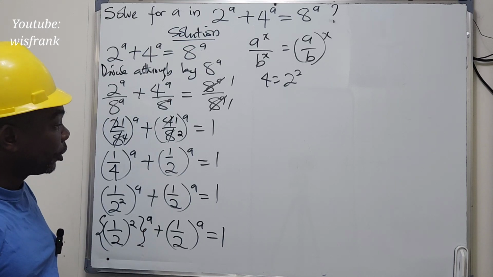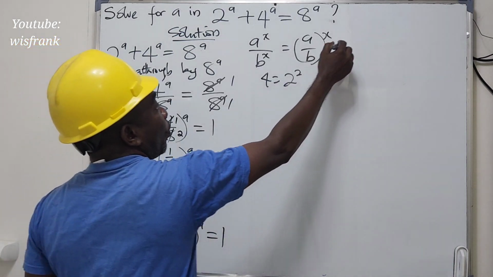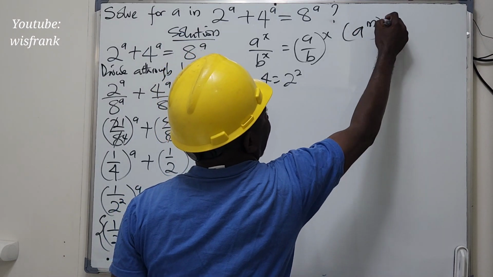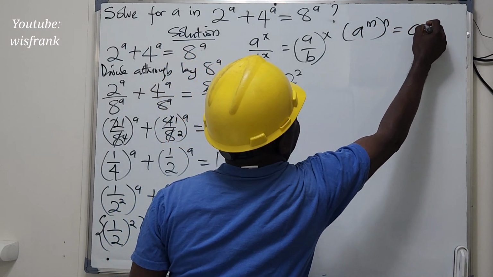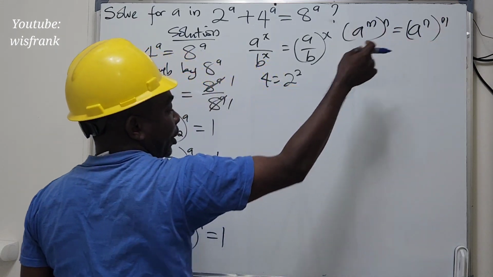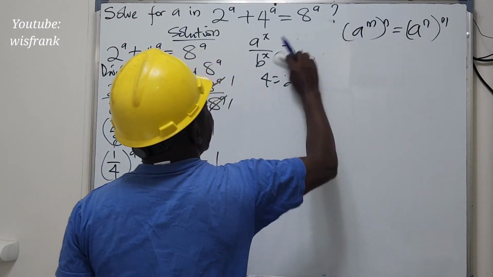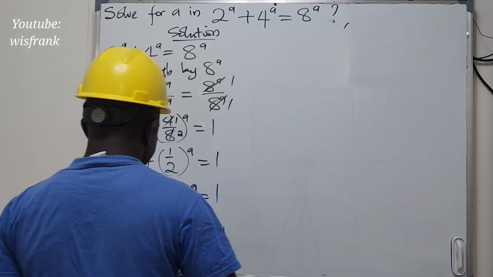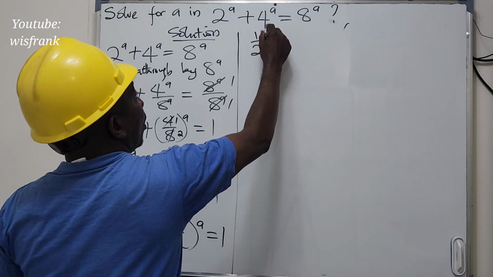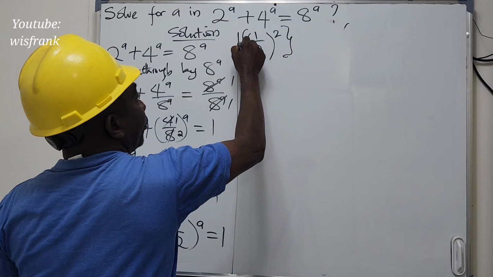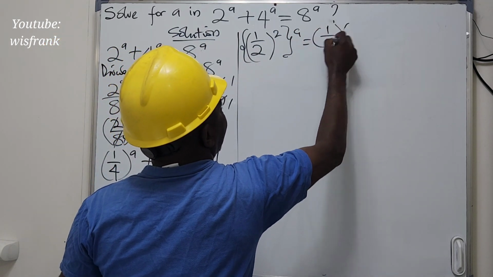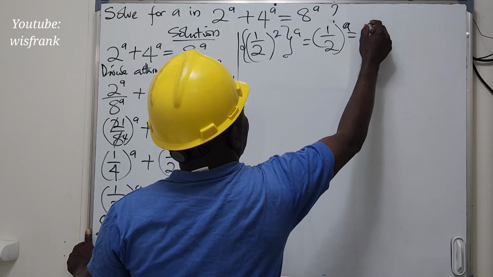We can interchange them, in the sense that (a^m)^n is the same thing as (a^n)^m.